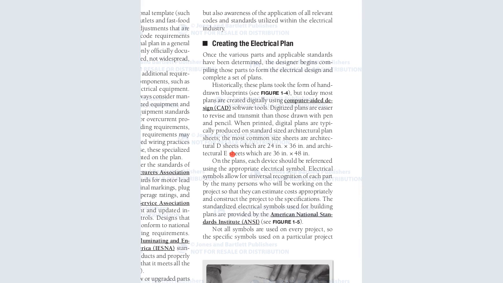Historically, these plans took the form of hand-drawn blueprints, but today most plans are created digitally using computer-aided design software tools. Digitized plans are easier to revise and transmit than those drawn with pen or pencil. So these days we do digital plans.